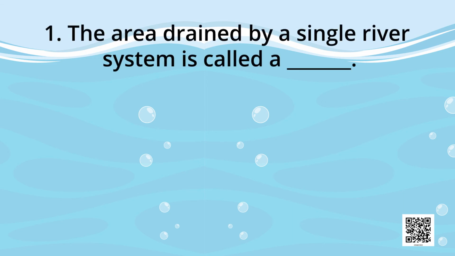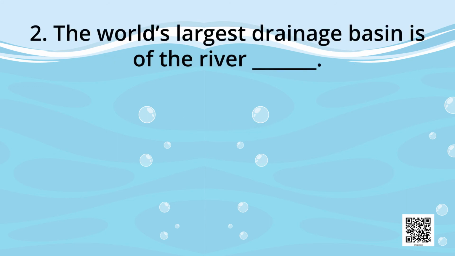Let's try to know how much we have actually learned and understood in today's session. Alright, so my first question is, the area drained by a single river system is called a drainage. Very good. The world's largest drainage basin is of the river Amazon.